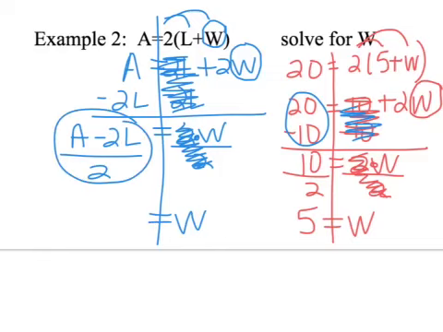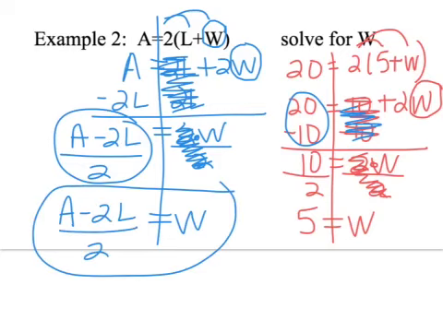Okay? I cannot subtract A and 2L. I can't divide A and 2 or 2L and 2. I don't have any of those number values. So I leave my equation, my formula, rearranged in this form. It started out as a formula. It ends up looking like a formula. I just solved it for W instead of A.